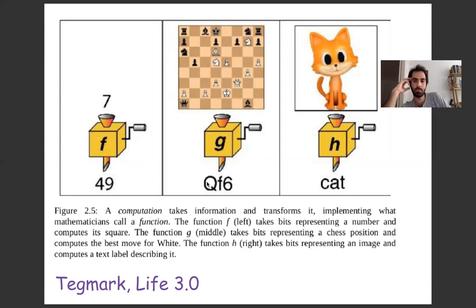You have a chess position and this computes the best move that you can make. Or you take an image and you transform it into a word. So you transform the information, okay? This is what a computer does. It's a mathematical function which takes an input and gives you an output, possibly with the answer to some problem.